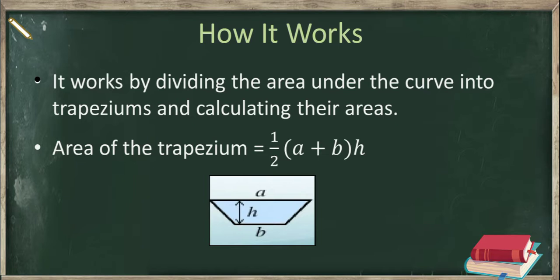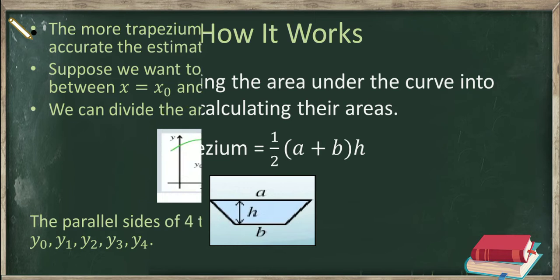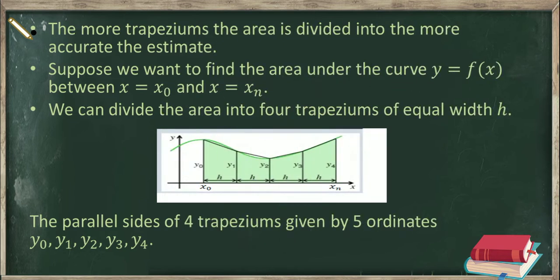We know the formula for the trapezium. A trapezium has two sides parallel to each other. The more trapeziums the area is divided into, the more accurate the estimate.